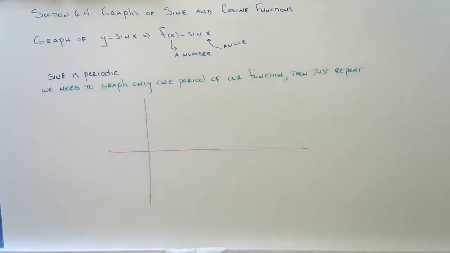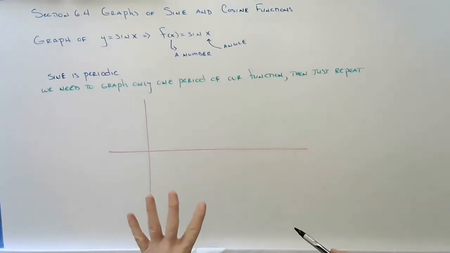And when you want to draw the graph of sine, you need to know the location of these 5 key points. The sine curve is very, very structured because we know that the sine function goes around the unit circle through 4 quadrants.